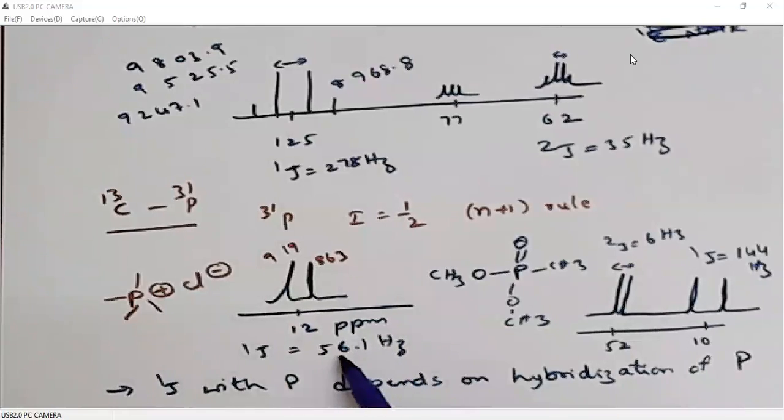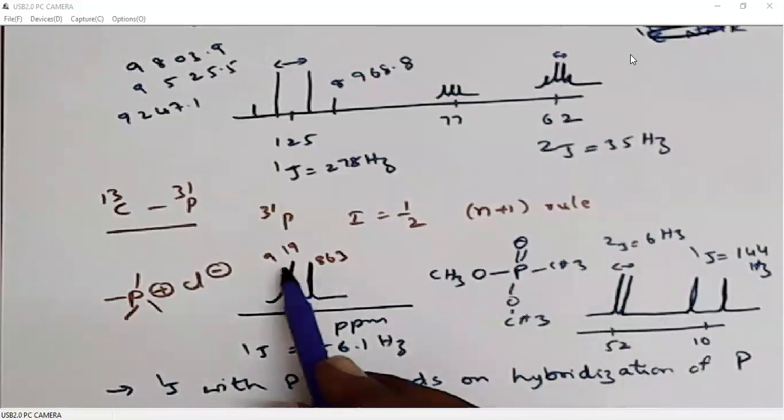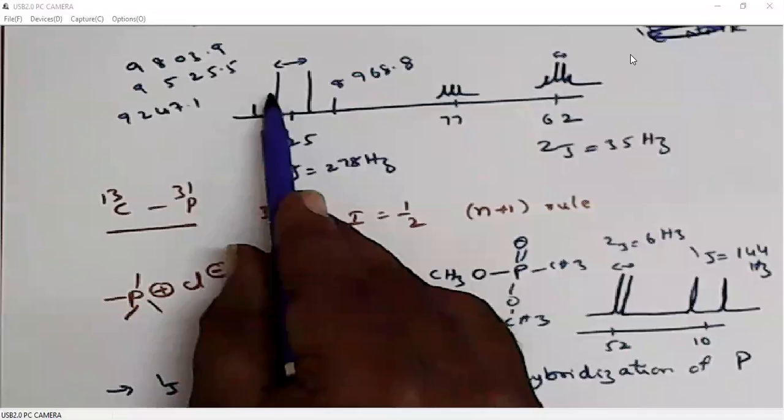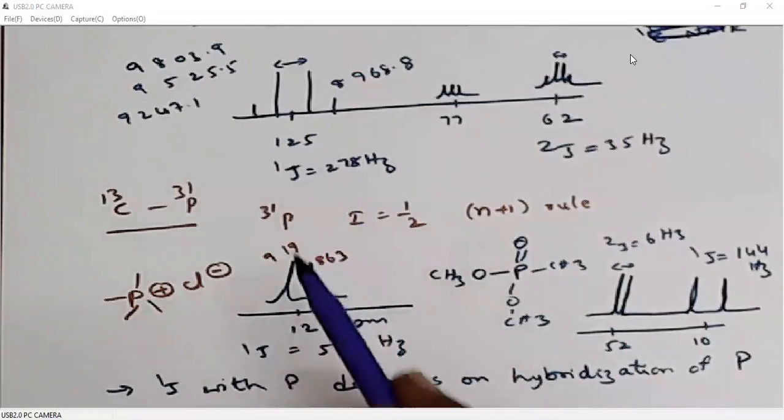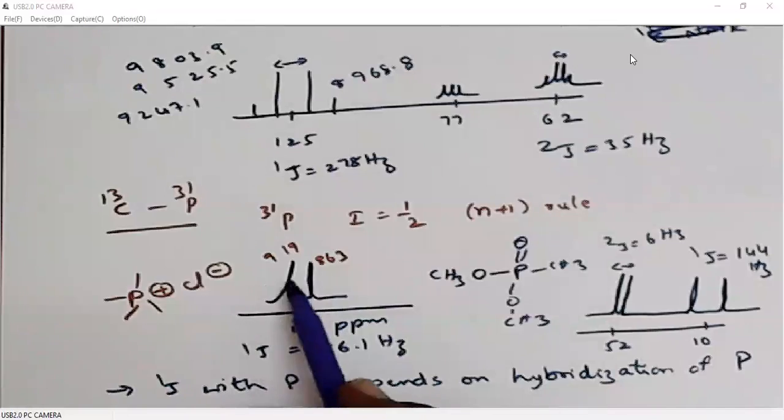So then we will get the coupling constant in hertz. If you are given frequencies directly like this, just take the difference between any two peaks, we will get the J value. But if we are given delta values, take the difference, then multiply the delta value with instrument frequency, so that we will get the coupling constant value.